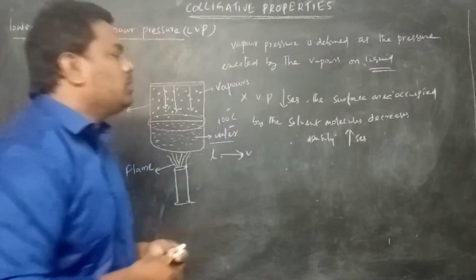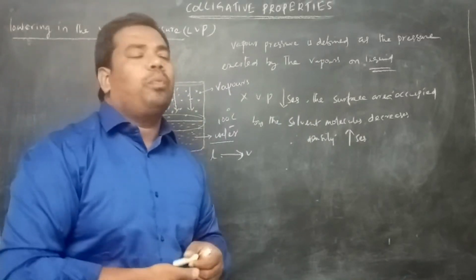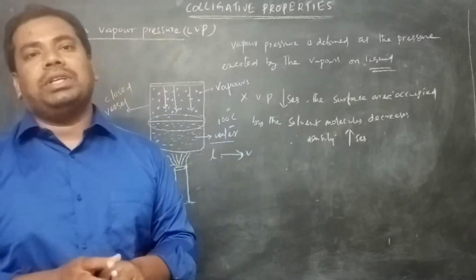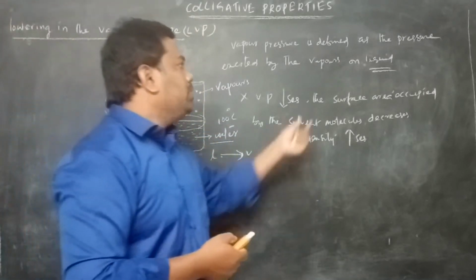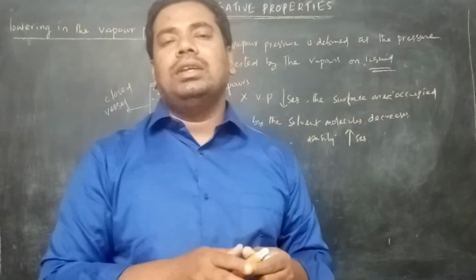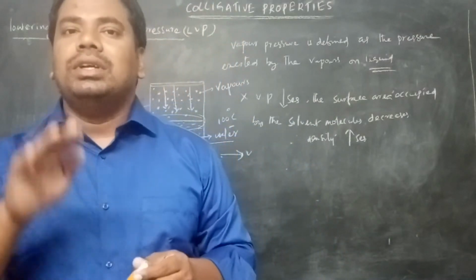Clear, students? So when the surface area occupied by the solvent molecules decreases, the vapor pressure decreases. The solvent molecules occupy less surface area, so the vapor pressure decreases.